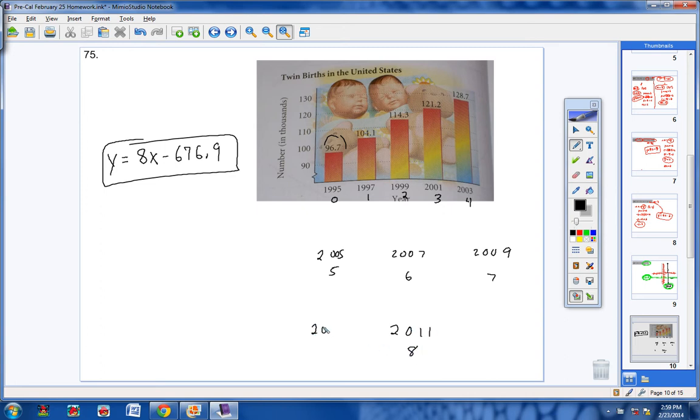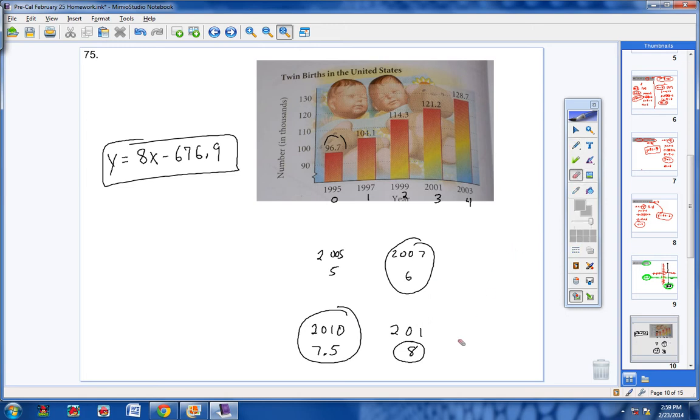So what would 2010 be? Well, think about it. If 2009 is 7 and 2011 is 8, then 2010 would be in the middle, it would be 7.5. So for the year 2007, we're going to use 6, and for the year 2010, we're going to use 7.5.